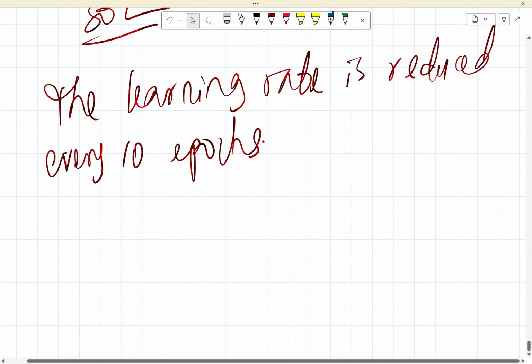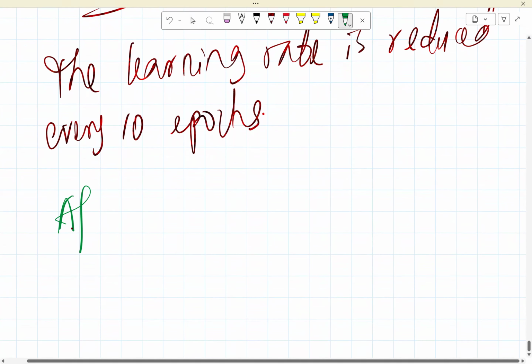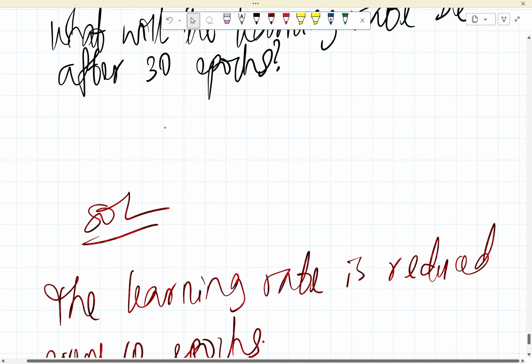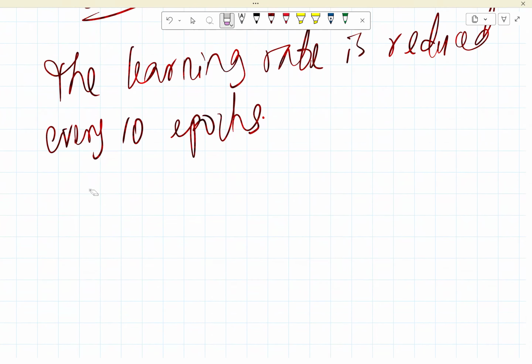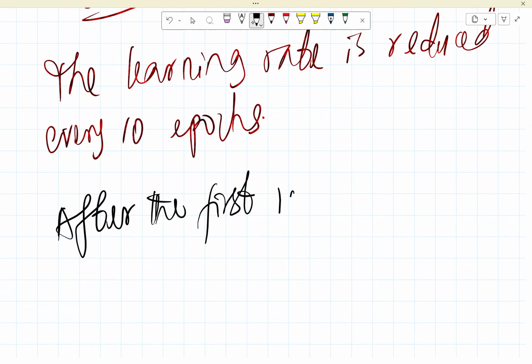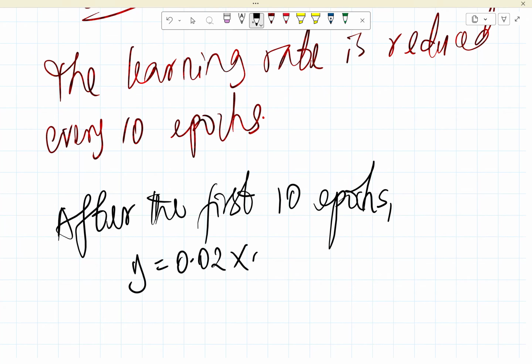So after the first 10 epochs, eta will be 0.02 multiplied by 0.5, and that is 0.01.